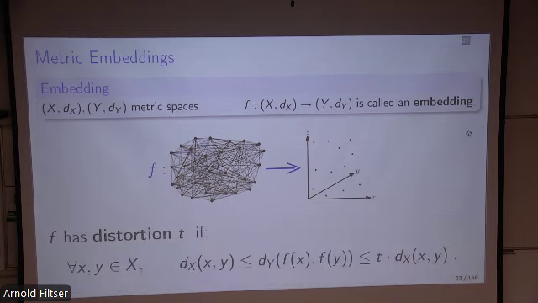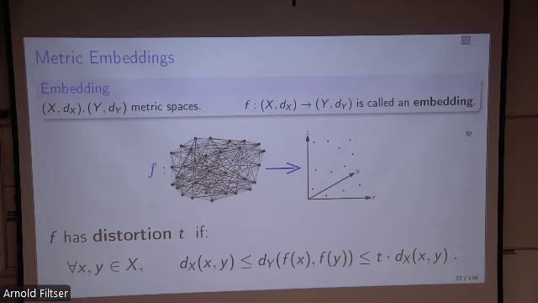What I mean by preserving distances is that for every 2 points, the distance in the embedded space will be at least as large as the original distance, and at most T times larger. If you can do that, this is called a metric embedding with distortion T. That is, you preserve the geometry of the original metric space up to a T factor.